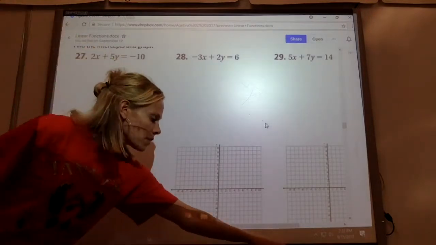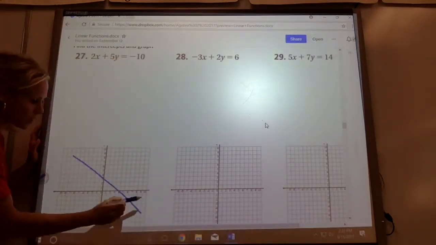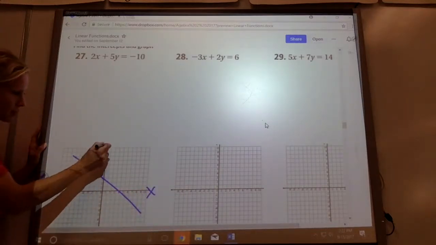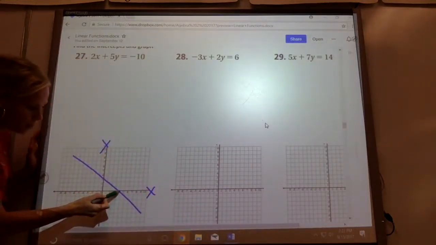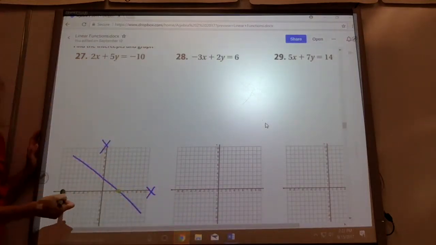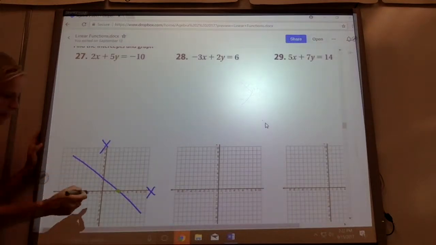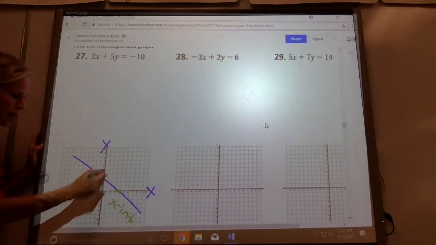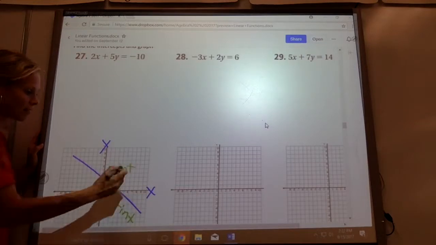So let's just review quick what an x and y intercept are. So hold on the notes. This is my x-axis, this is my y-axis. So the point where it crosses the x-axis is called what? The x-intercept, very good. The point where it crosses the y-axis is then the y-intercept, very good, okay?